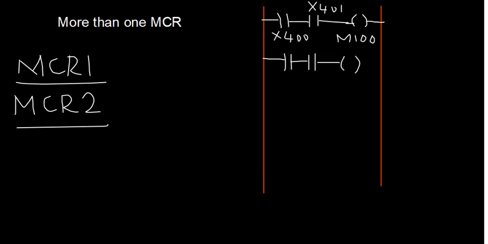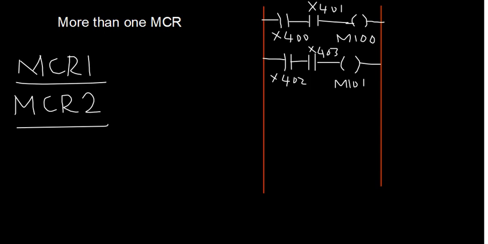Let me call this as X402 and this as X403, something like this. So now let us say that this is going to activate my master control relay M101. There are two master control relays, right?